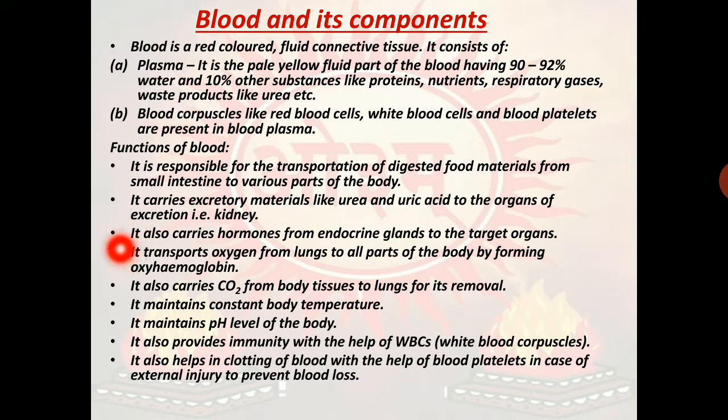It also carries hormones from endocrine glands to the target organs for their further function. It transports oxygen from lungs to all parts of the body by forming oxyhemoglobin, the hemoglobin present in the red blood cells. It also carries carbon dioxide from body tissues to lungs for its removal.